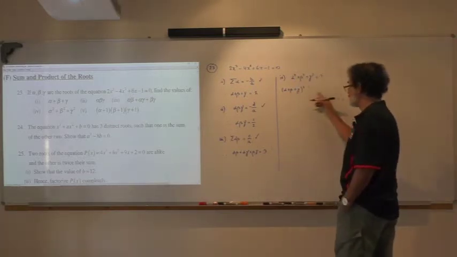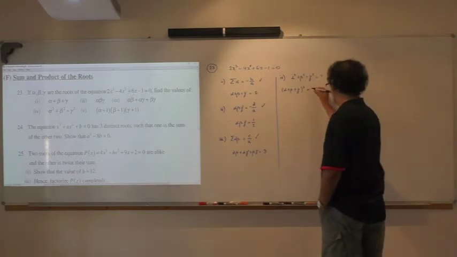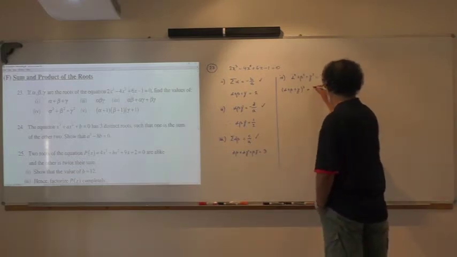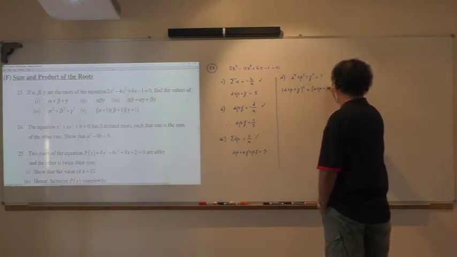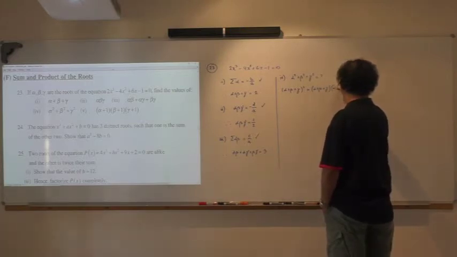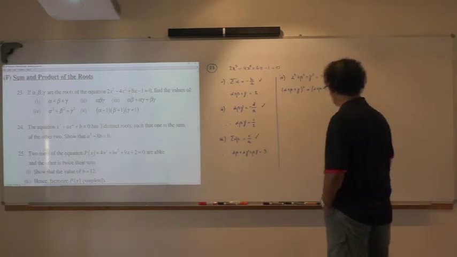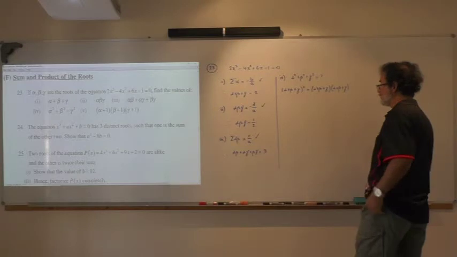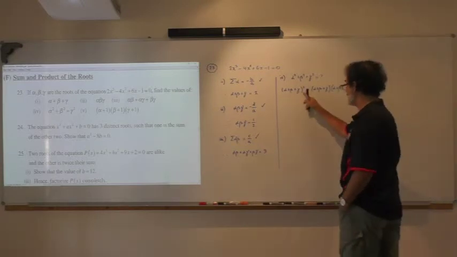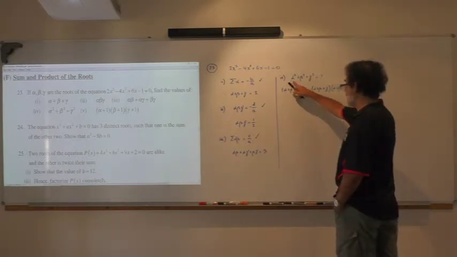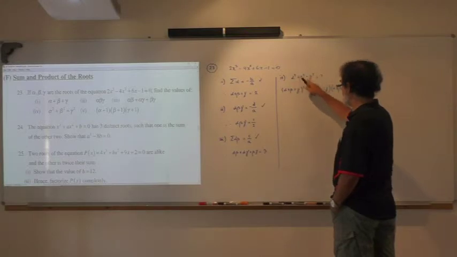Then when you expand this, let's do it step by step. That is the same as multiplying it by itself, and then we expand it and see what happens. I'm doing this because I know that somehow I'm going to have alpha squared, beta squared, and gamma squared.